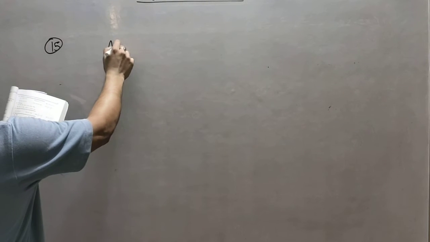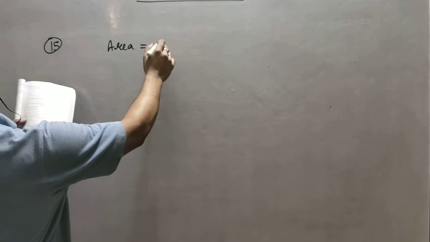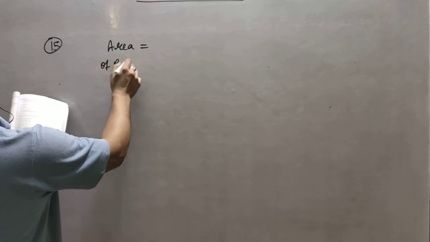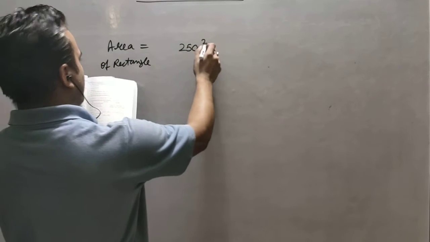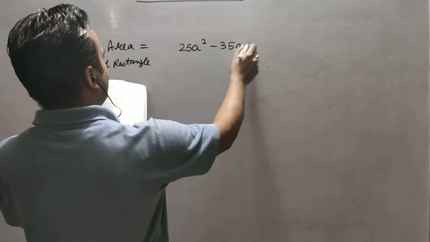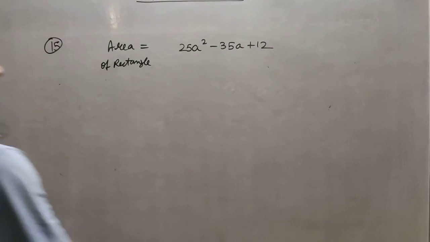Okay, question number 15 is this. The area of a rectangle is given in the form of 25a square minus 35a plus 12.